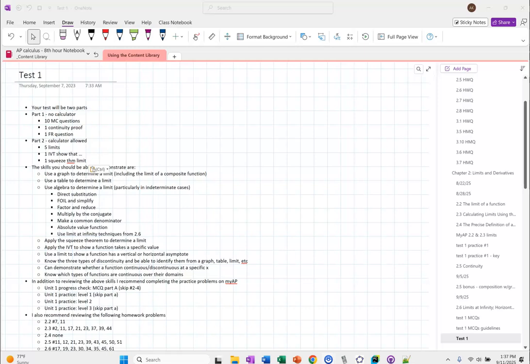Do you have a decent idea of what we need to review and make sure we're good on? Again, there's not a lot of technical skills going on here. It's a lot more ideas. So you really want to focus on your definitions, on what stuff means and how to show that, or what the evidence is to say this. If I give you a function and ask what the horizontal asymptotes are, and you don't have a calculator, you have to use a limit to do that, right?